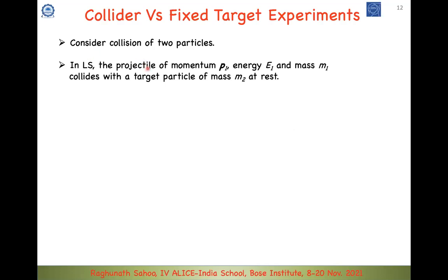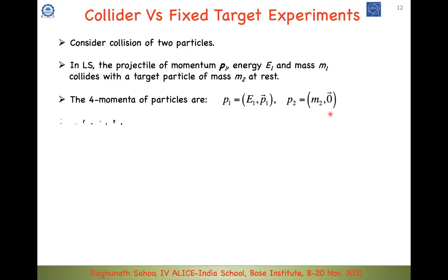Let's consider two particles in the laboratory frame: a projectile of momentum P1, energy E1, and mass M1 that collides with a target particle of mass M2, which is at rest. The 4-momenta of the particles can be written, which is the first step in my recipe. So P1 is (E1, P1) and P2 is (M2, 0).